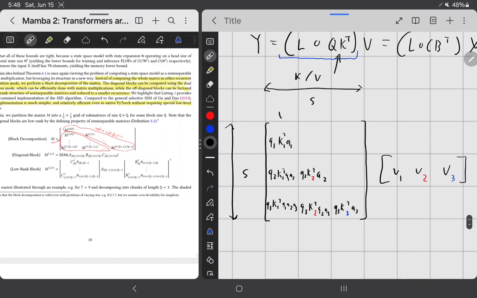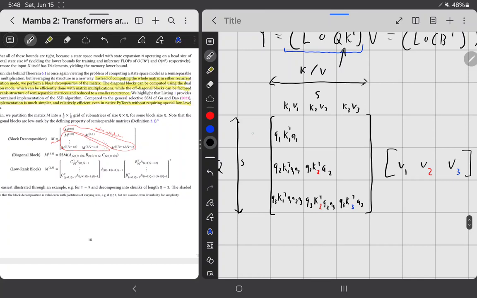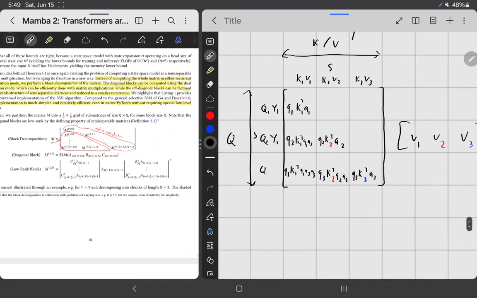So this first column here corresponds with K1, but it also corresponds with V1. Same here, it's K2, V2, and K3, V3. And that allows you to compute this more efficiently, because the keys and the values are changing together. The queries correspond to the outputs. So this first part here corresponds to Q1, but it also corresponds to Y1. This one corresponds to Q2, but also Y2, and this one corresponds to Q3, but also Y3.